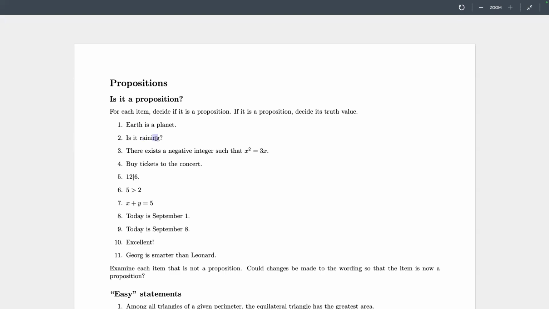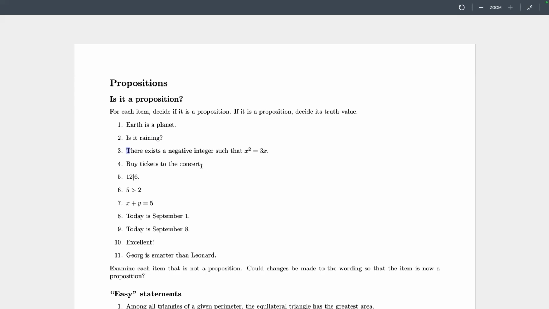False, unless you count fog as rain. So maybe it's still a little bit ambiguous for our context. Maybe there is currently precipitation, something like that. What about number three? Is it a proposition? What's the truth value? Great job.